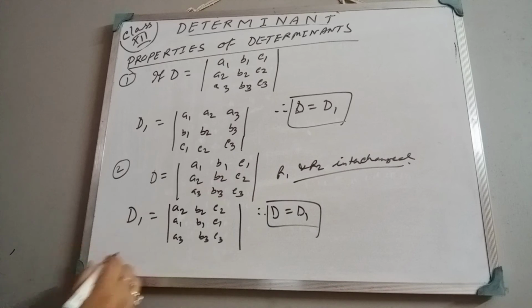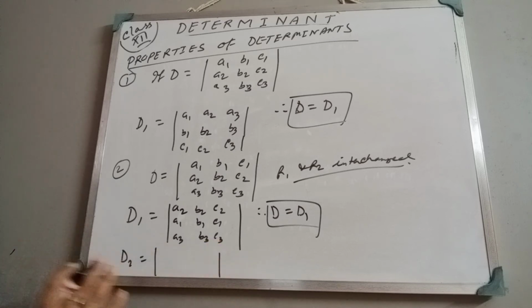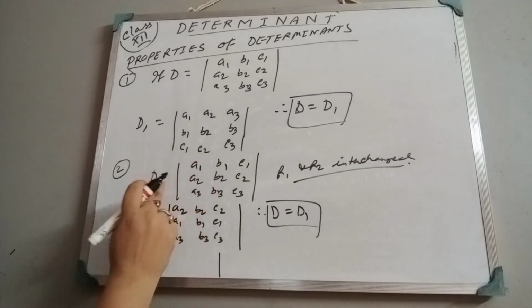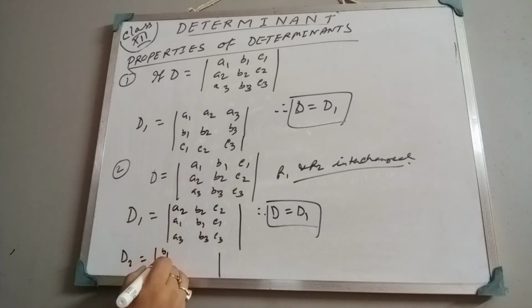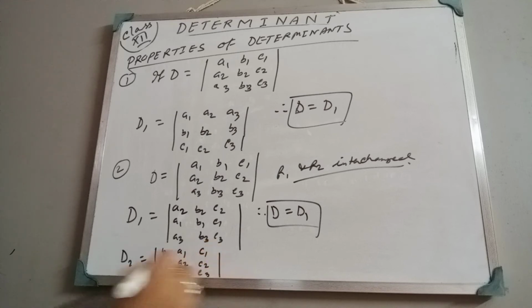Similarly, say D2 is the determinant made by interchanging the columns. First column we will write in the second column and second column we write in the first column. So we will write B1, B2, B3 and here we will write A1, A2, A3 and this is C1, C2, C3.